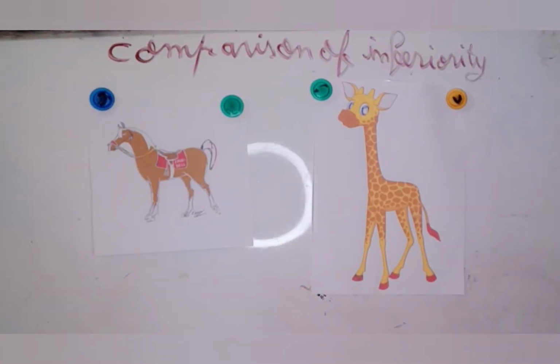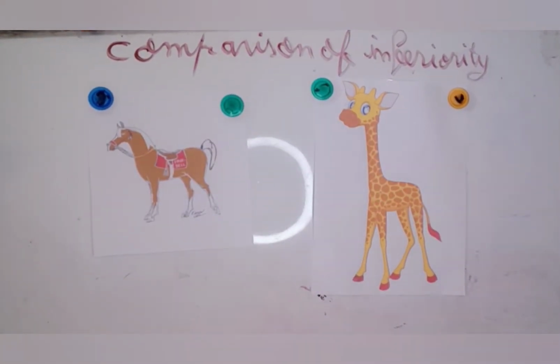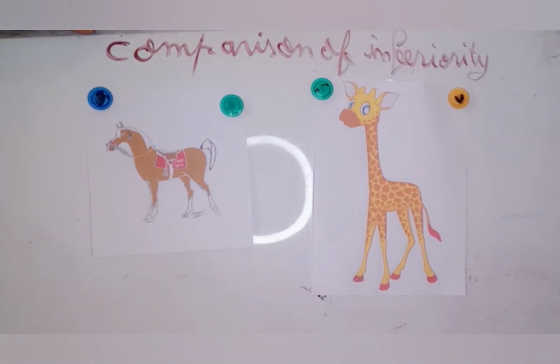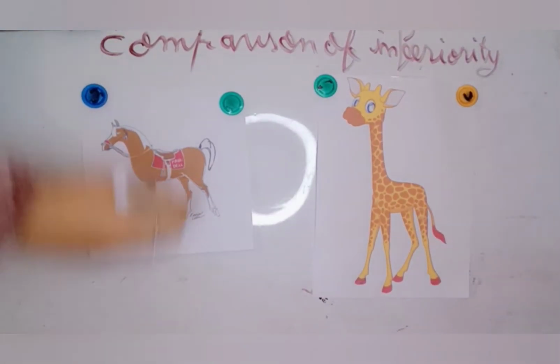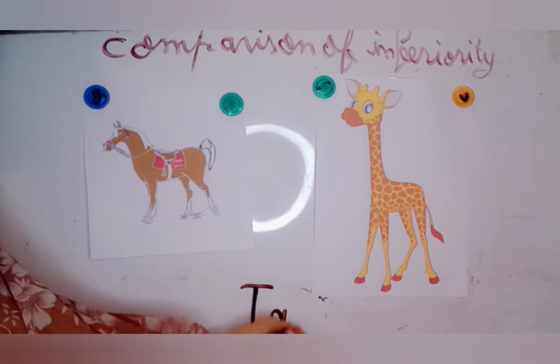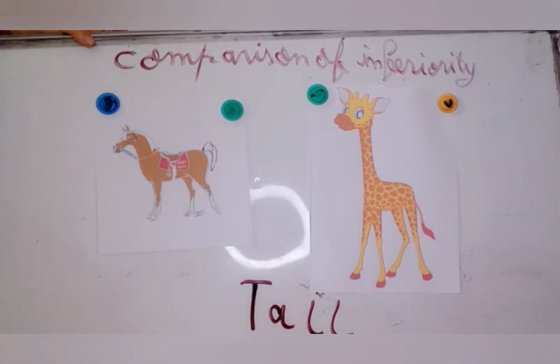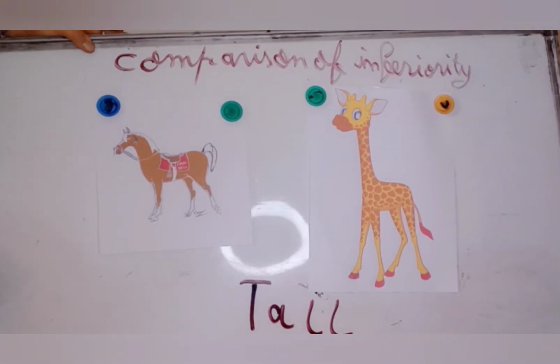Another example of comparison of inferiority, can you guess the adjective? Look at the horse and look at the giraffe. The adjective that we are going to use is tall. Tall. Look here, the horse. The same, we start with the horse.